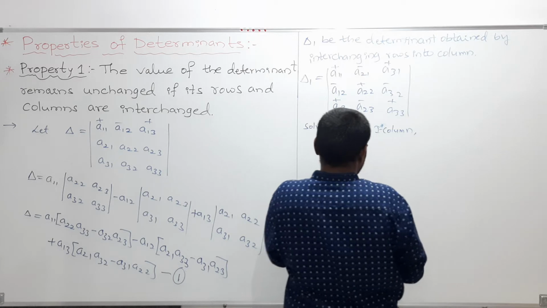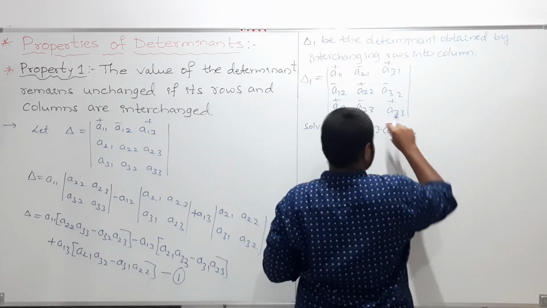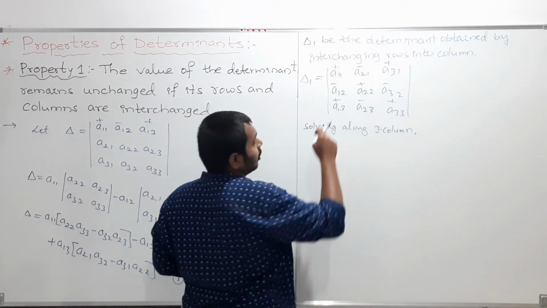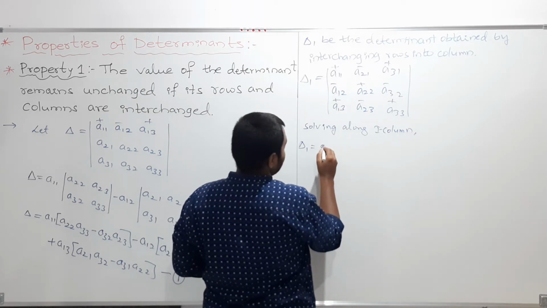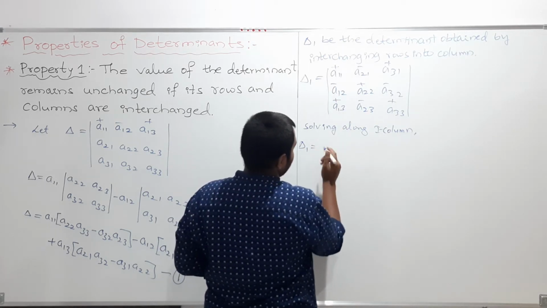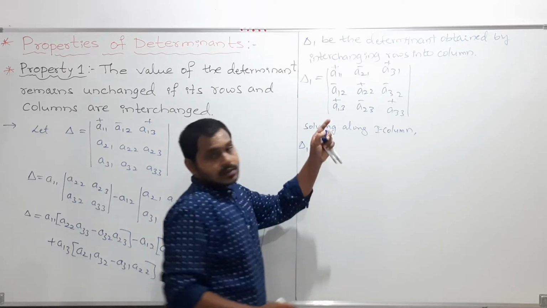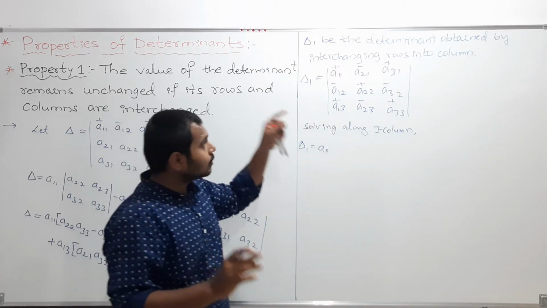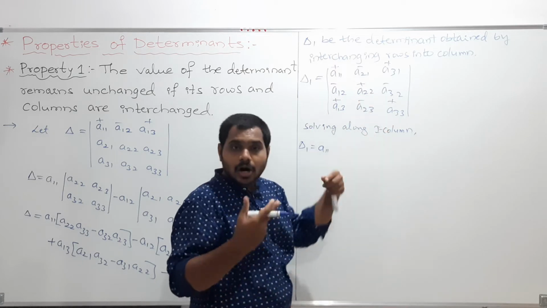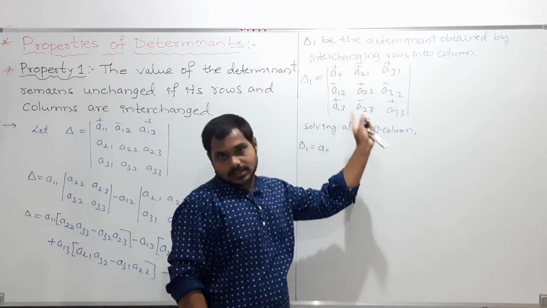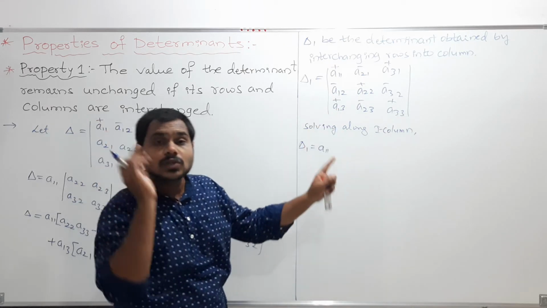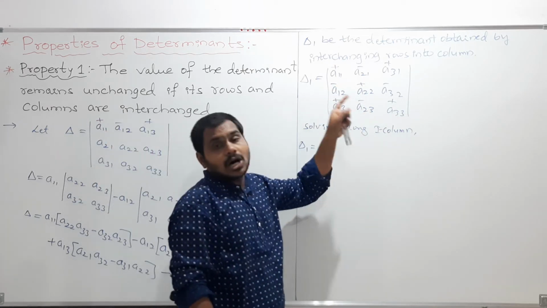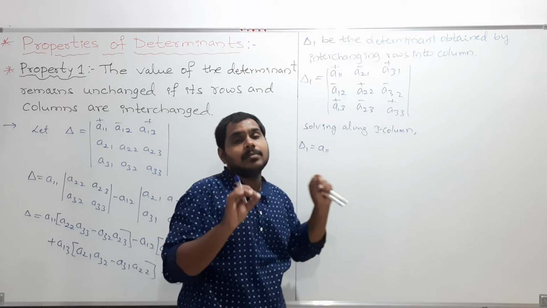So delta 1 is equal to, and here there is no condition: you can apply column wise or row wise. But I am solving column wise. If you solve by column wise or row wise, you will get the same answer.